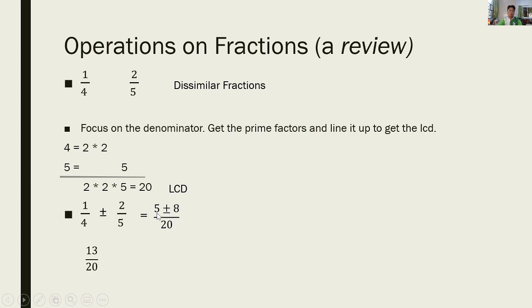Halimbawa, nag-plus tayo, 5 plus 8, 13 over 20. What if we have here now subtraction? So 5 minus 8, mas malaki yung 8, so 3, negative yung sign. Negative 3 over 20. So again, this is just a review, and this review will be beneficial in answering rational exponents. Okay?